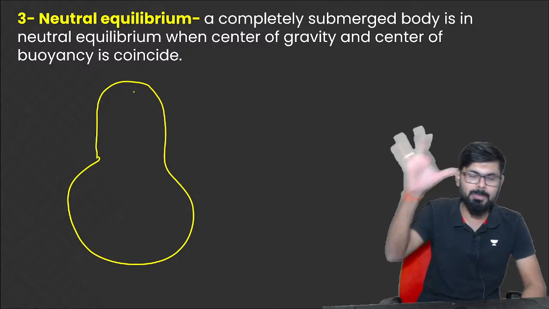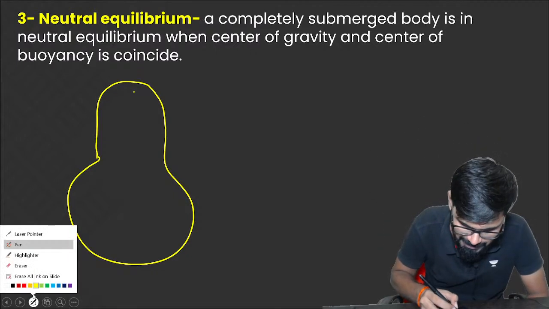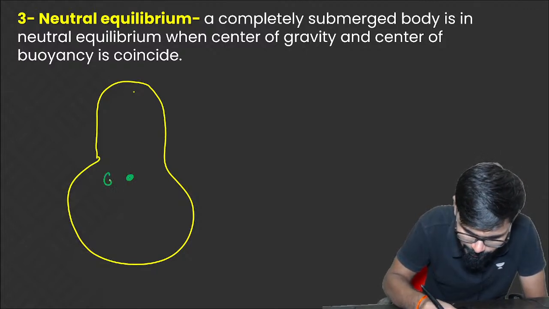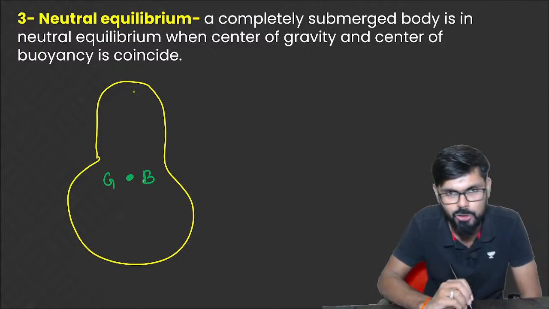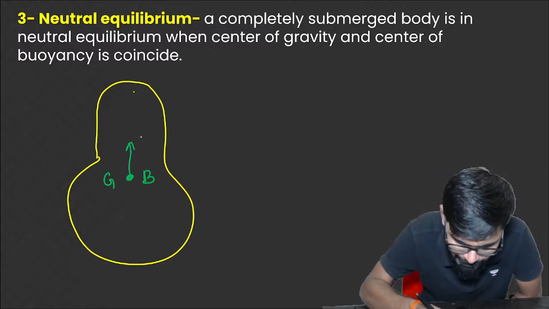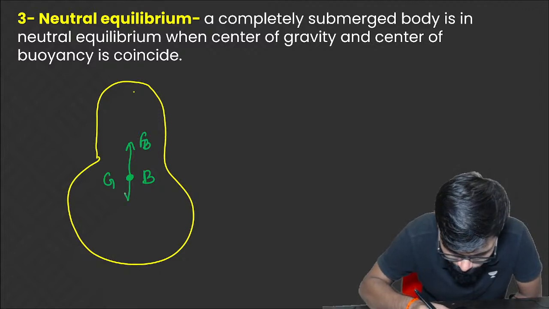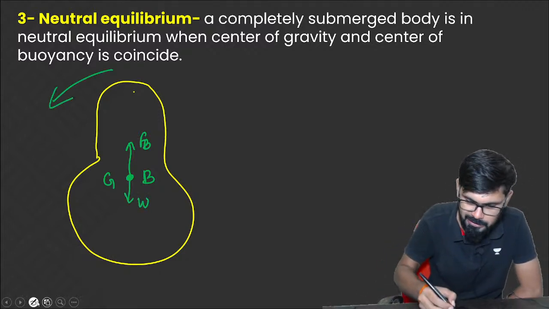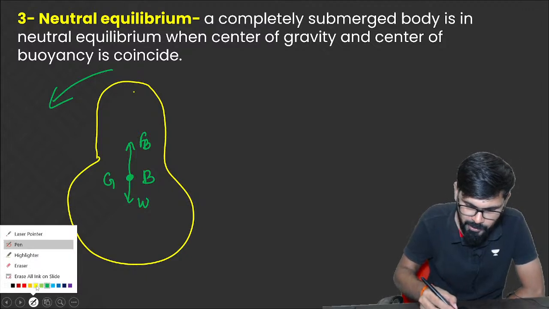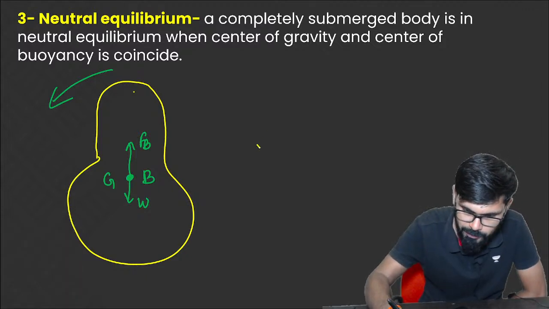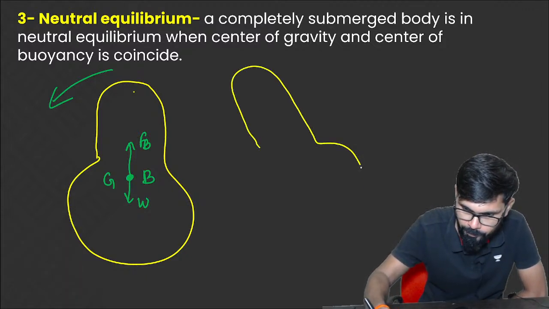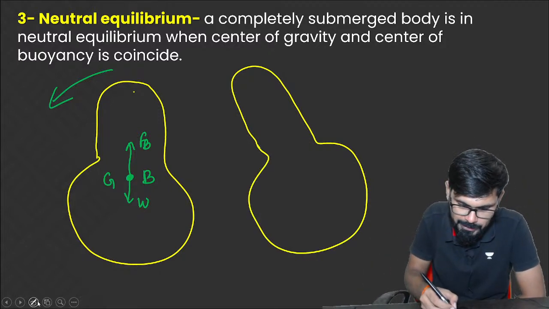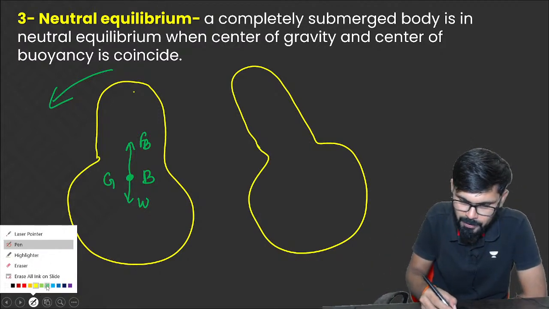Now here there is no extra weight I am writing. Everywhere density is the same. So what will happen? Center of gravity will be at this point, center of buoyancy will also be at this point. So this will be called FB and this will be called weight. Now if you tilt in this direction, then what will happen, beta?